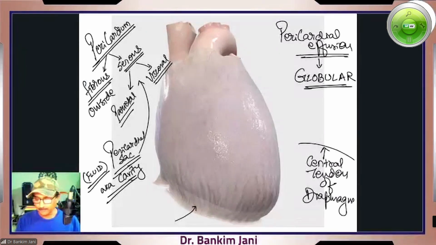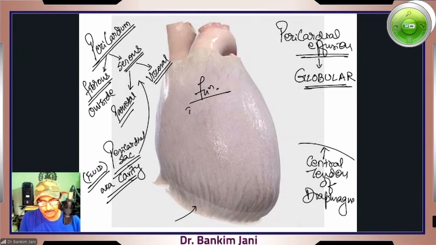When it comes to the peritoneum, it will be like peritonitis, in the abdomen. Okay, so coming back to this pericardial effusion, this is when the heart becomes a globular heart. And for the function, one function is very clear: it prevents friction.